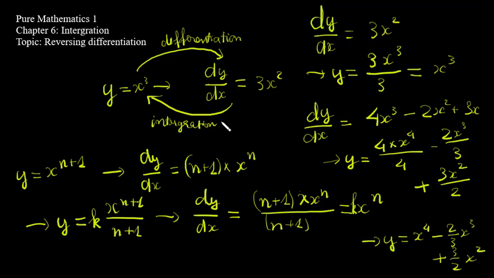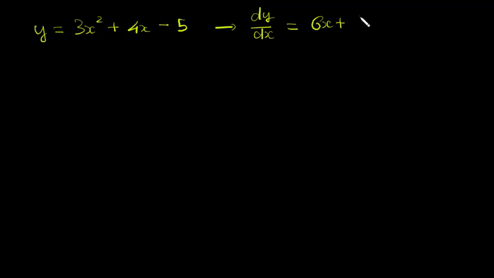And remember that integration is the reverse process of differentiation. When we differentiate an equation like y equal to 3x squared plus 4x minus 5, we get 6x plus 4. We only differentiate the terms which contain x and we ignore the constant term.